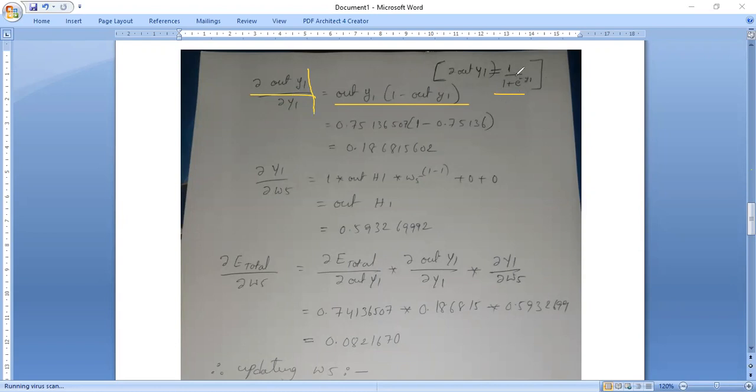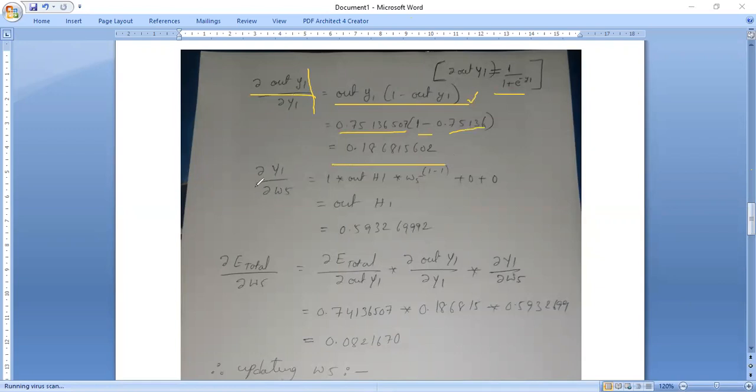If it can be represented this way, then you will get this line. After that, you can substitute the values of output Y1 into 1 minus output of Y1. Finally, we'll get the result of this one.